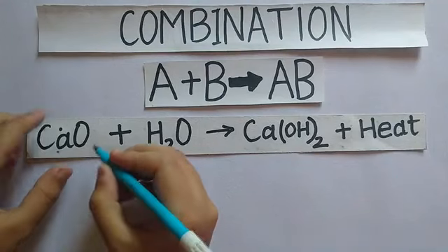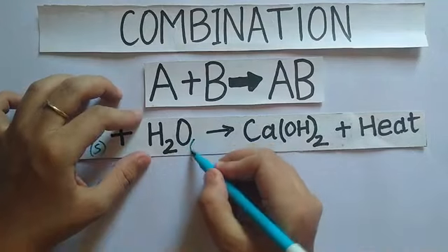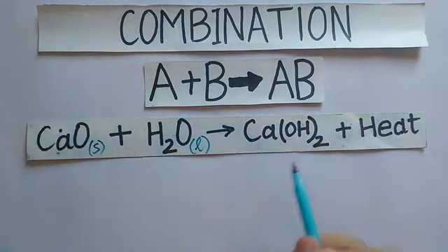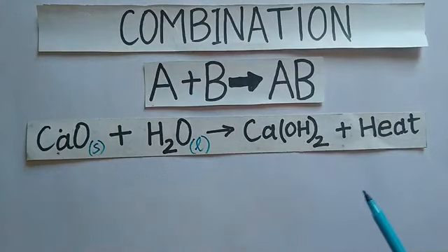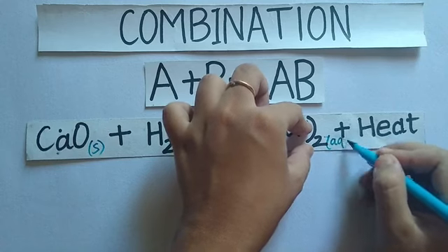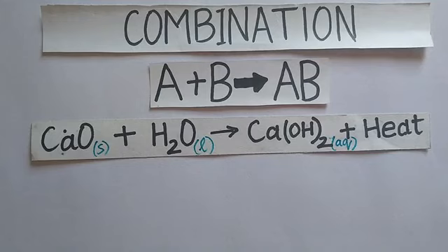CaO, we took the solid CaO to combine with water. Water is in its liquid state, combined to give us Ca(OH)2, which is aq. aq means aqueous. Now what exactly is an aqueous solution?